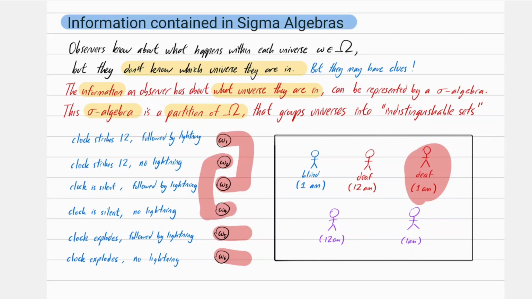And note that he still cannot distinguish between omega 1 and omega 3 because the only difference between them is the behavior of the clock, but these two behaviors of the clock are identical from the perspective of a deaf man.